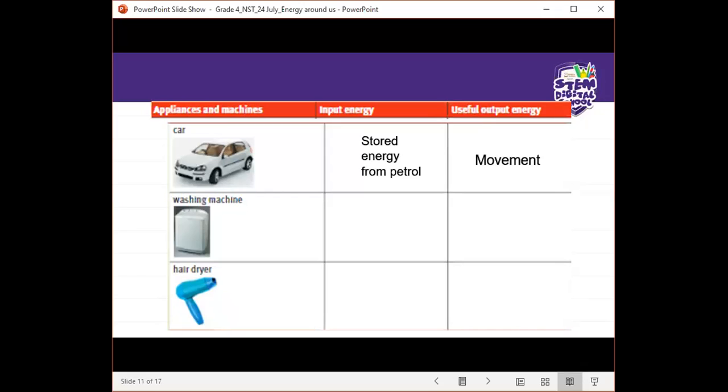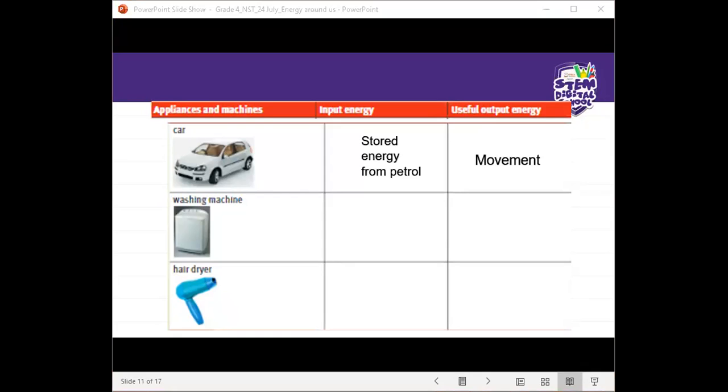Oh, Carol, I also see your answer there in the group. Sia, I see you as well. Input energy for the washing machine as well as the useful output energy. Ma'am, the input of a washing machine is electricity. The output is wash. Okay, thank you very much, Awande.